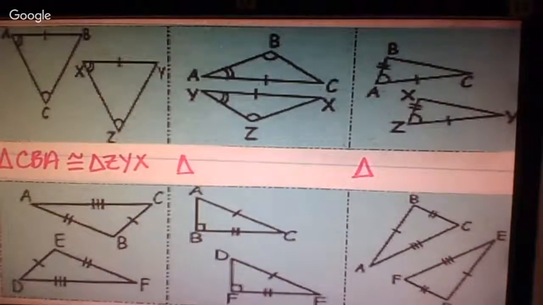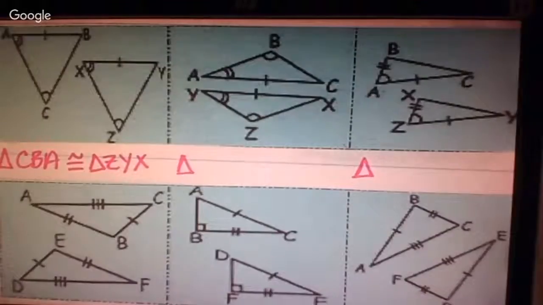If you did BAC, yours should be YXZ. That's okay, as long as C is where Z is, B is where Y is, and A is where X is. So yours can be in any order you want as long as C and Z line up, B and Y line up, and A and X line up.